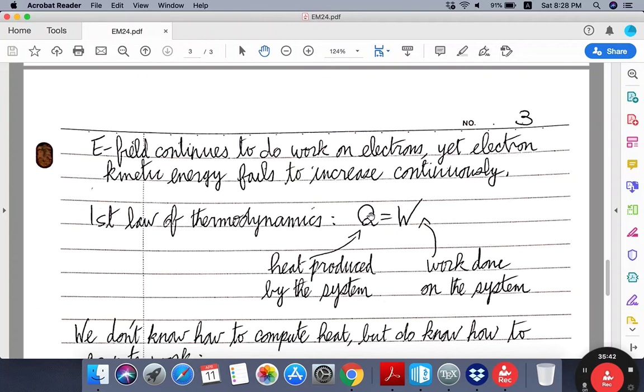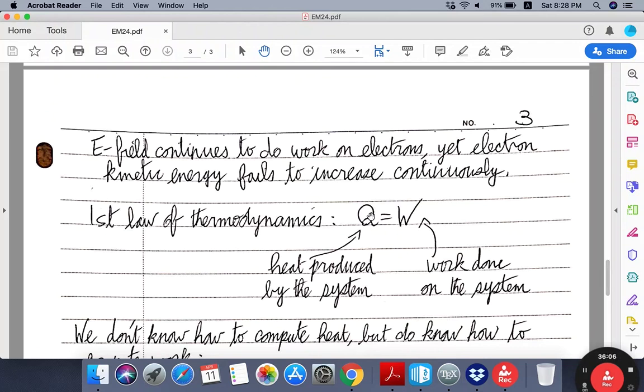So obviously, the electric field continues to do work on the electrons, but the usual work-energy theorem would expect you to believe that the work will be converted into an increase of the total energy of the electron.